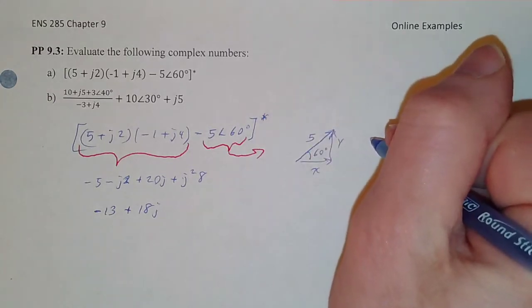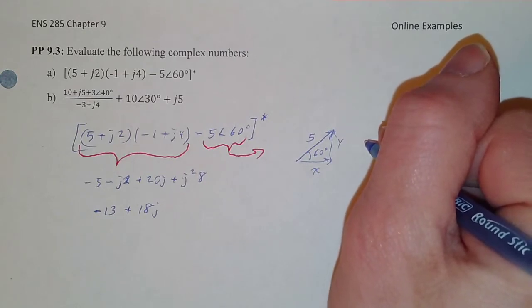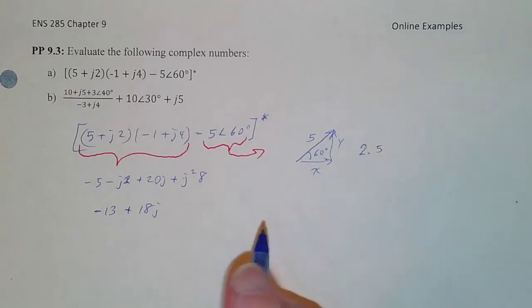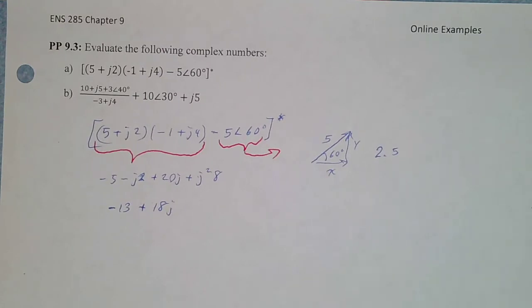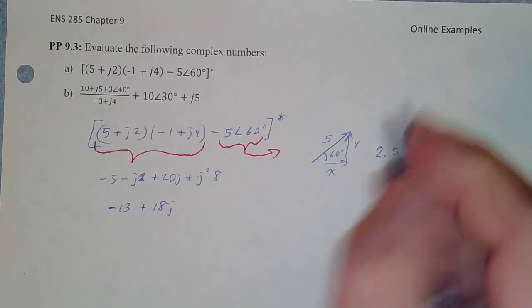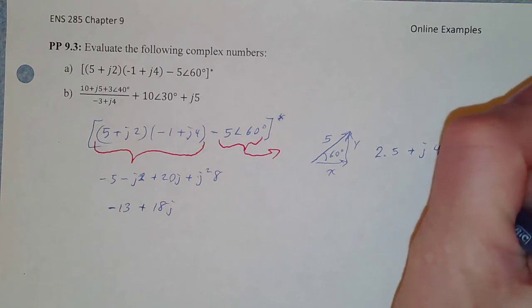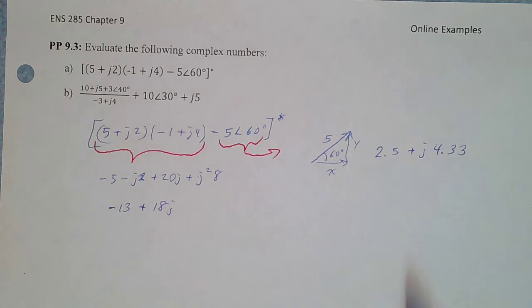We're going to get 60 degrees, so x is 5 cosine 60, which is 2.5, and then you have plus j, and the y component is just 5 sine 60, which is going to be 4.33. So that's where that's coming from.